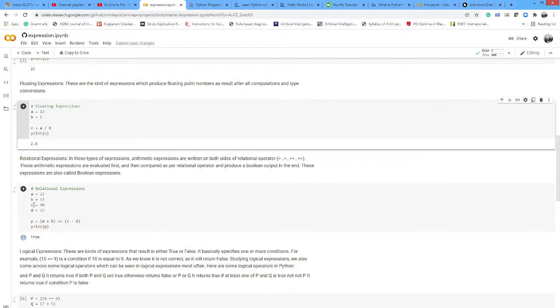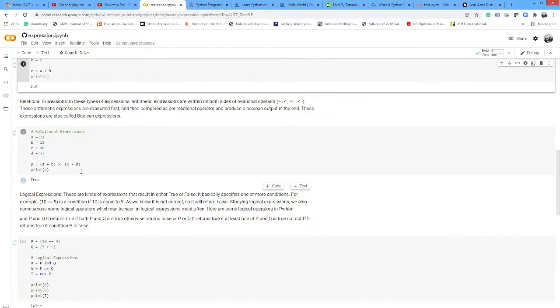Here a is equal to 21, b is equal to 13, c is equal to 40, d is equal to 37. p is equal to a plus b greater than or equal to c minus d. These are relational expressions.